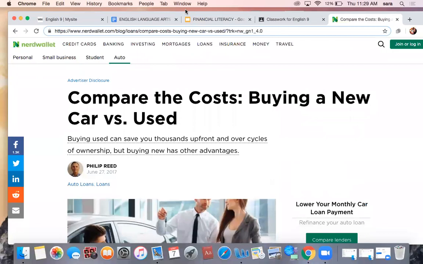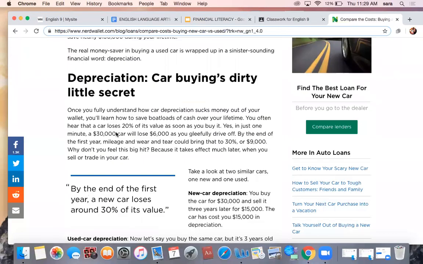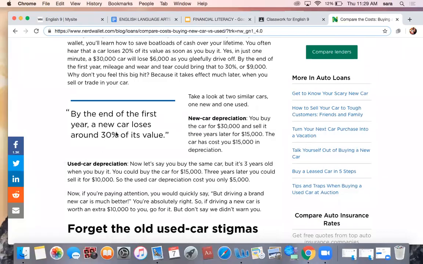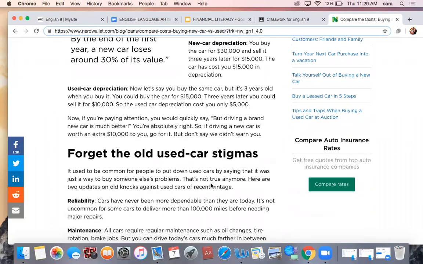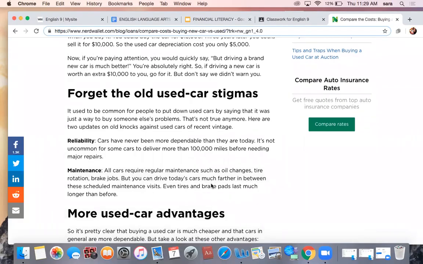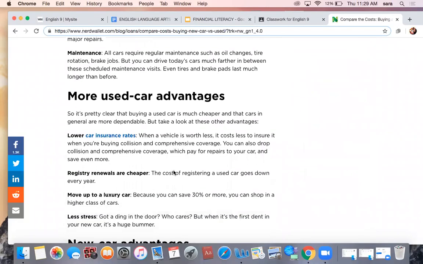That's your homework. Read it and add into your graphic organizer quotes that you feel anyone or everybody should know. And I did not cover APR, which is interest when you purchase a car from a dealership. But hopefully next class I can cover it.